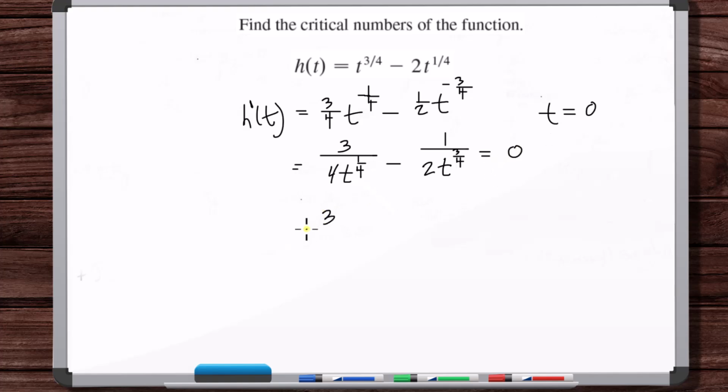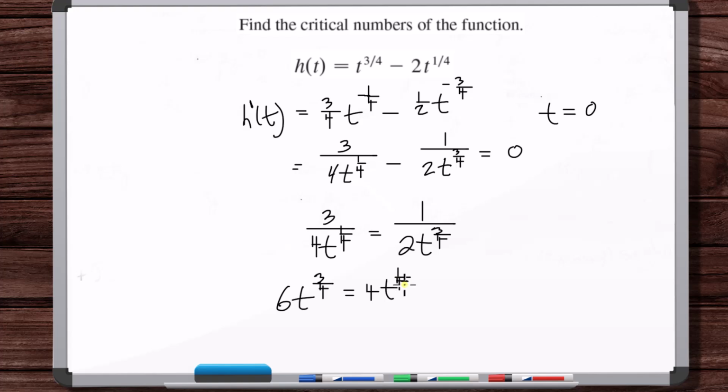So 3 over 4t to the 1/4 is equal to, okay, cross multiplying, 6t to the 3/4 is equal to 4t to the 1/4. All right, let's divide both sides by 4t to the 1/4.